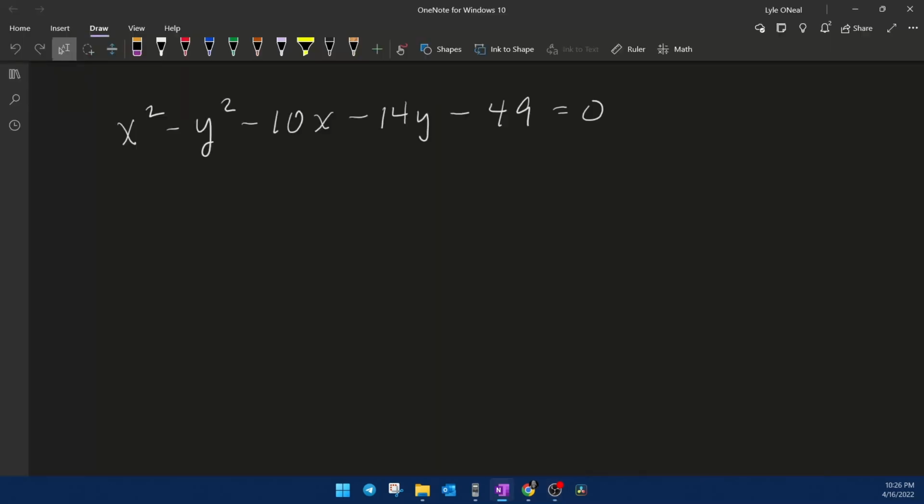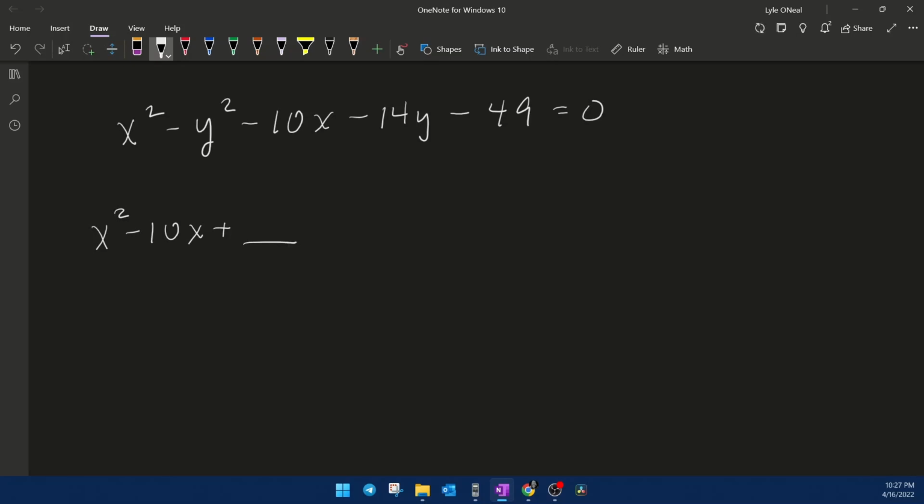Alright, so over here in our scratch work, the first thing we need to do in order to convert to standard form is we need to group our x's and y's together, paying careful attention to put whichever squared variable is positive first. So we're going to start with x squared minus 10x plus a blank.